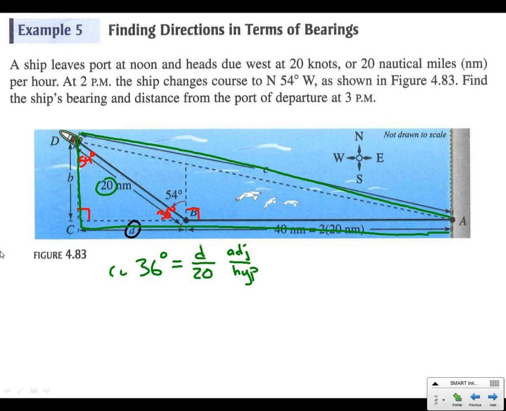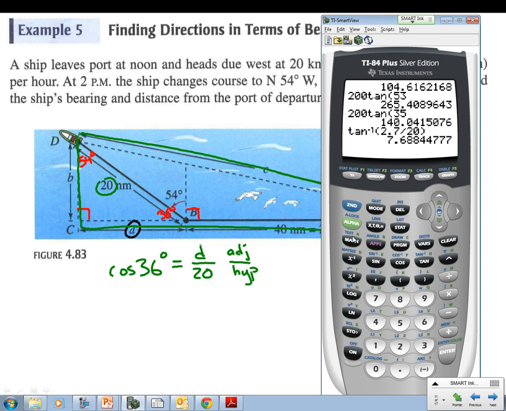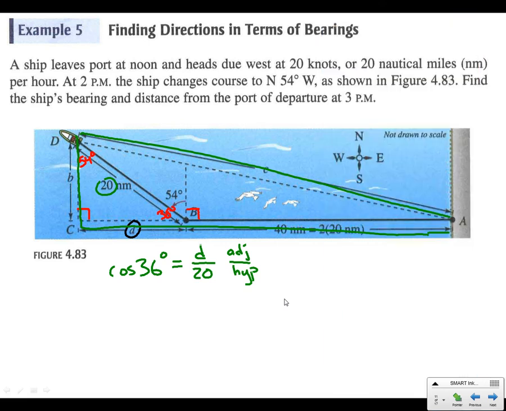That is cosine. So cosine 36 is D over 20. Let's punch that into the calculator. 20 cosine 36, 16.18. So now we know D. D is 16.18.